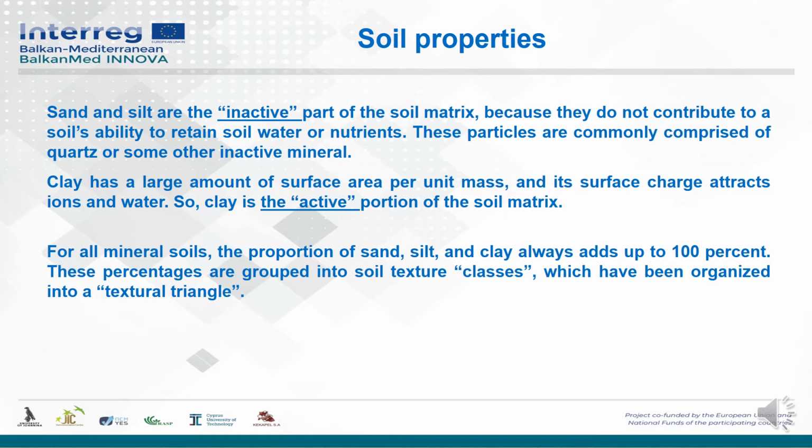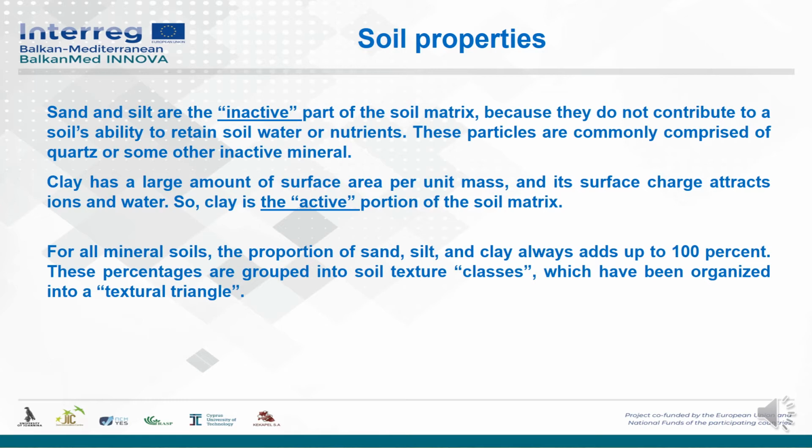Clay has a large amount of surface area per unit mass, so it has a larger surface for the same mass of particles, and its surface charge attracts ions and water. So, clay is the active portion of the soil matrix.